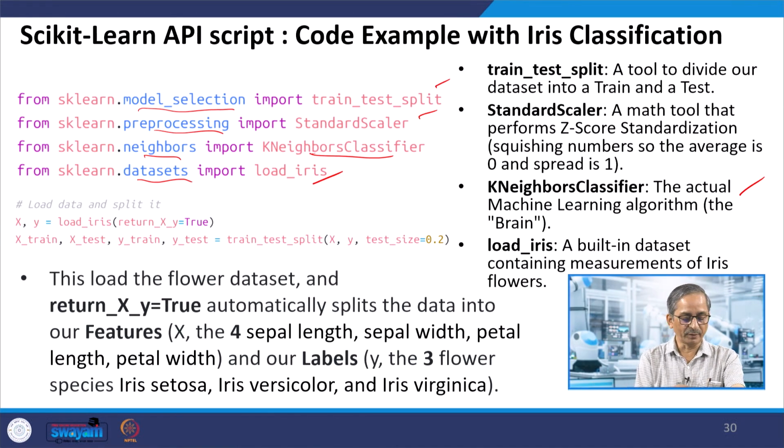So this way we can load iris, okay, and we split the data into training and testing datasets. Basically we have 4 inputs: sepal length, sepal width, petal length and petal width, and the outputs are 3, that is the type of flower it is: Iris setosa, Iris versicolor and Iris virginica.